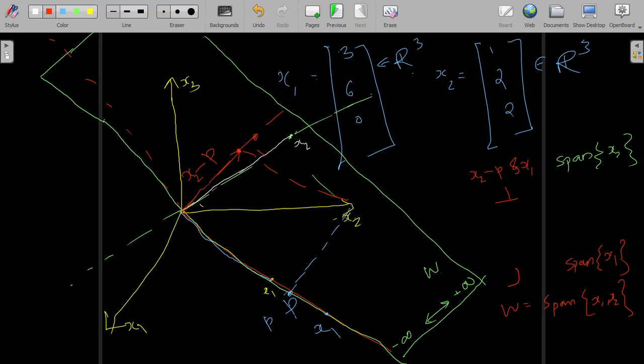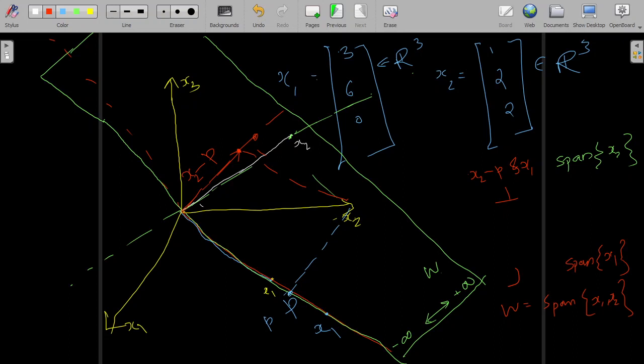So p is along x1, meaning p is some linear combination of x1, and if you scale or reduce the length of x1, then you will get p.